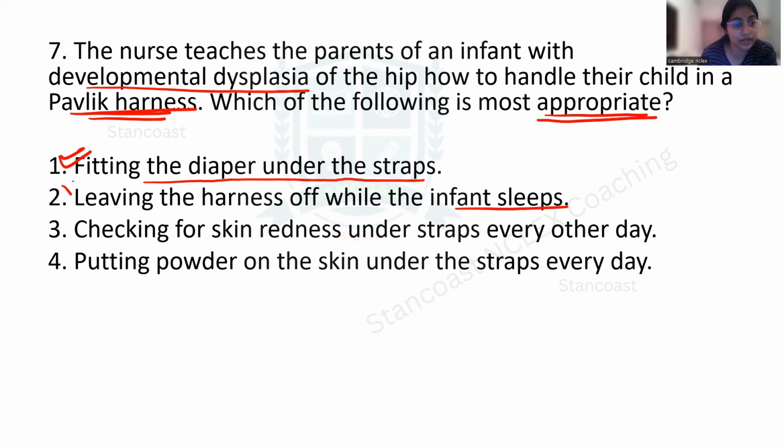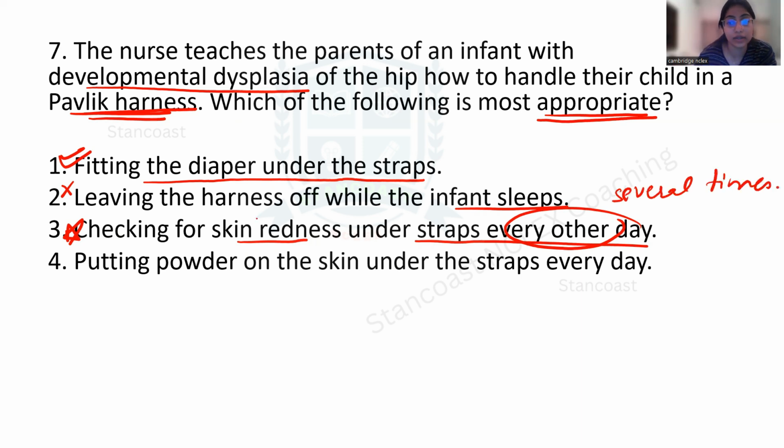So this is not the correct option. Now, option 3 is checking for skin redness under the straps every other day. Checking the skin for redness or any kind of abnormality is very important, but not every other day. We have to check the skin for redness several times a day. So this is also not the correct option.